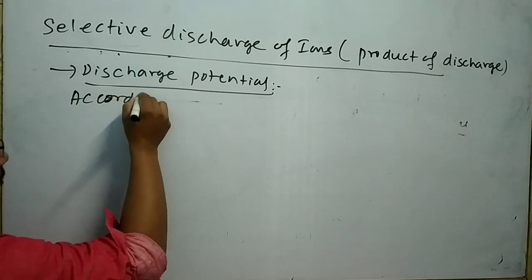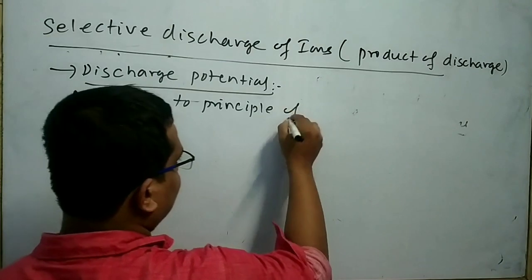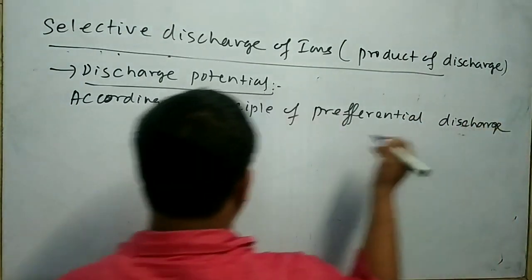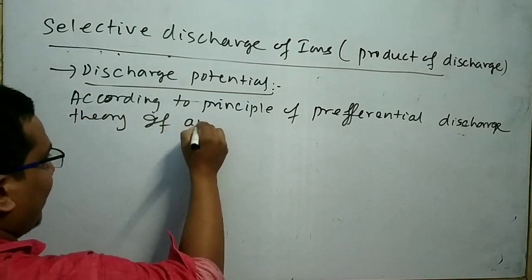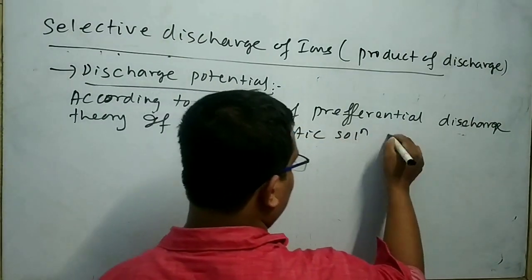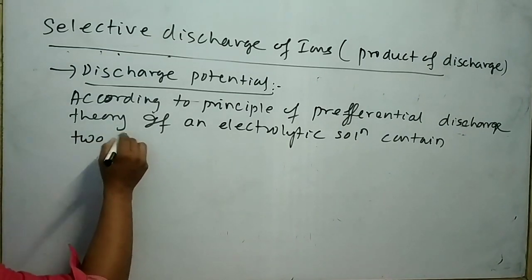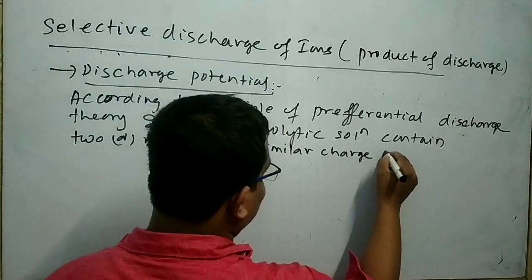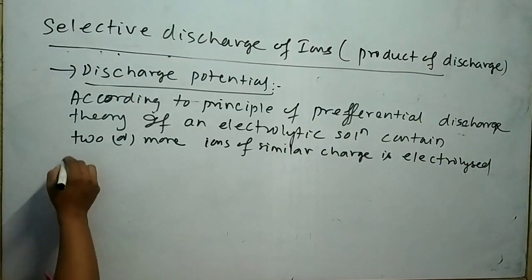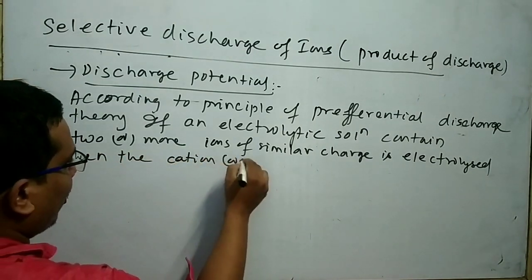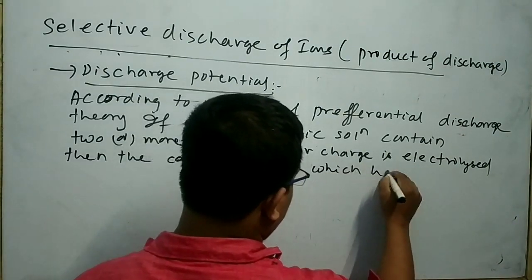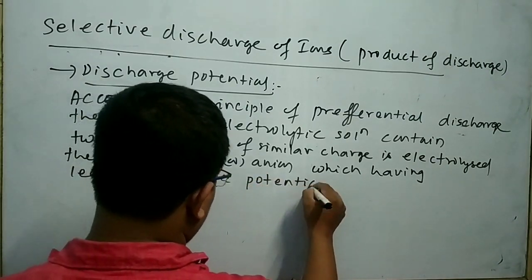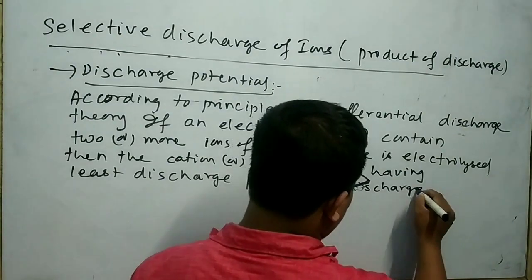According to the principle of preferential discharge theory, if an electrolytic solution containing two or more ions of similar charge is electrolyzed, then the cation or anion which has the least discharge potential discharges first.